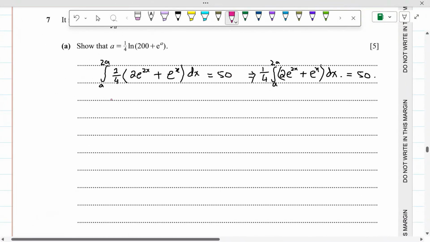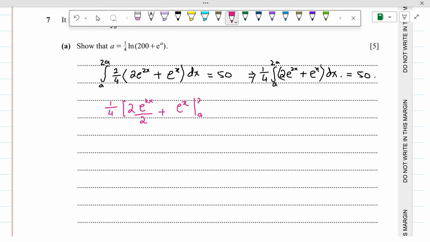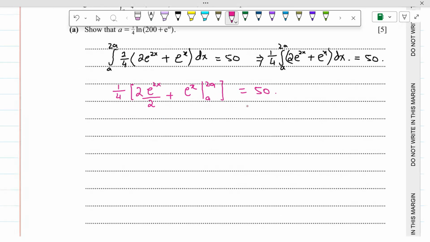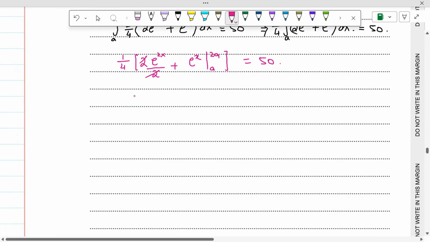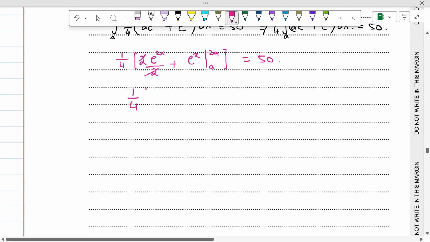Okay, apply the integration first. So 1 over 4, the integration of 2e^(2x) is e^(2x) over 2 times 2, plus the integration of e^x, which remains the same, with limits from a to 2a, and this is equal to 50. So the 2s will cancel out and we will have 1 over 4.